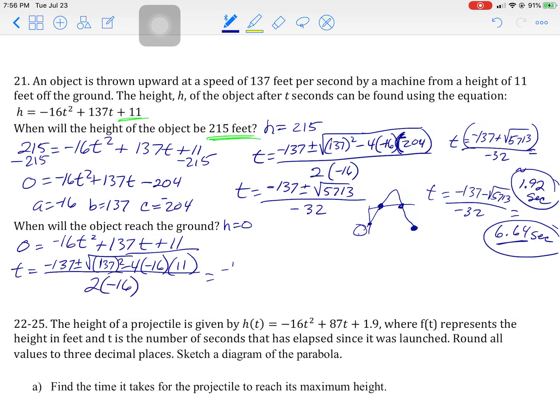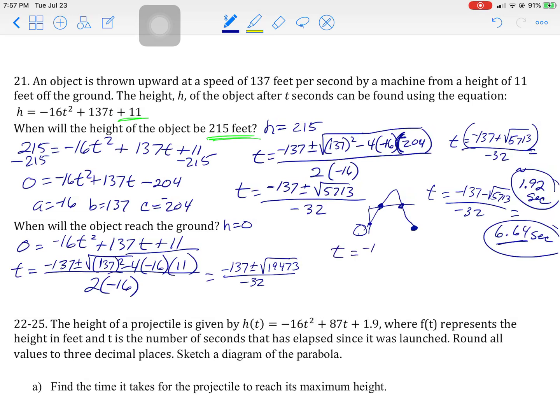So I did this before and I got negative 137 plus or minus the square root of 19473, a big number, over negative 32. All right, so I expect to get one answer I can't use in the negatives, and then I expect to get a number bigger than 6.